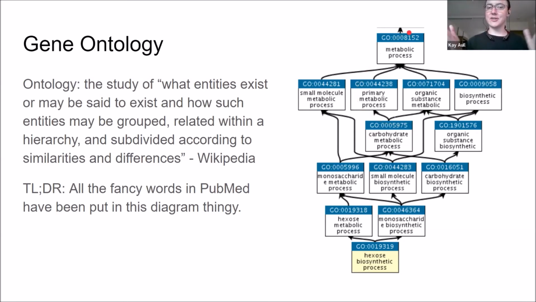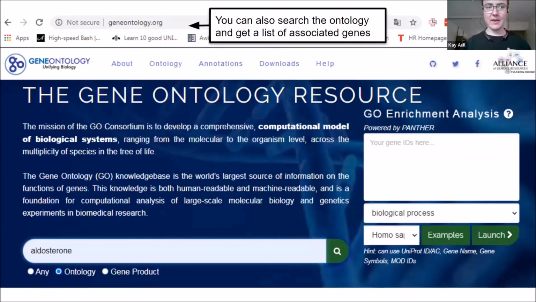And this is structured data, PubMed in structured form. And you have resources that will allow you to browse this hierarchy. Here's a very popular one, geneontology.org. And I can show you what the data looks like.